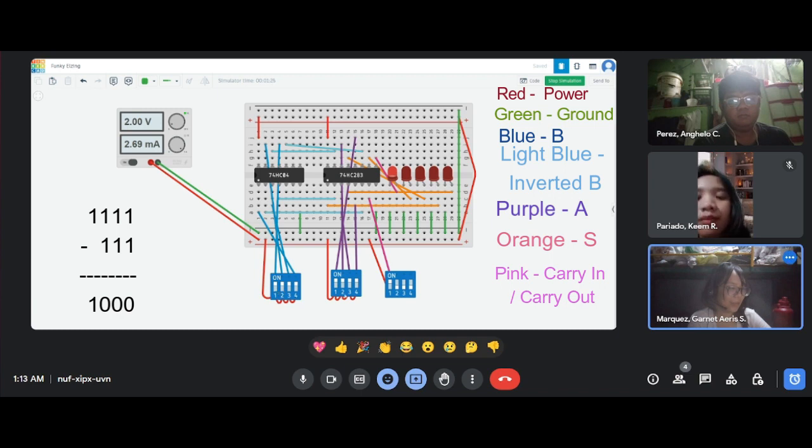And then, pag tinanggal naman natin yung isa dito, which is 1111 minus 1111 lang. And then, ganun din yung sa iba.